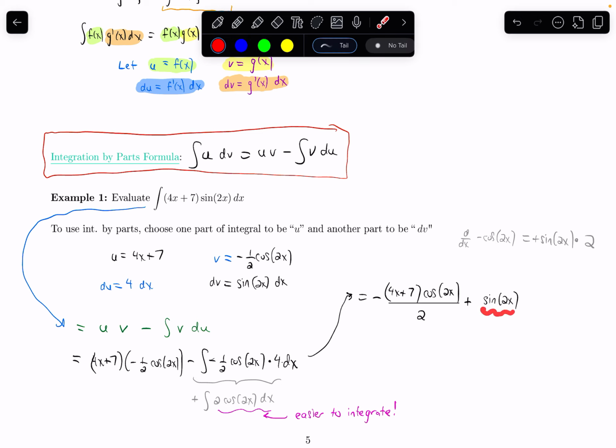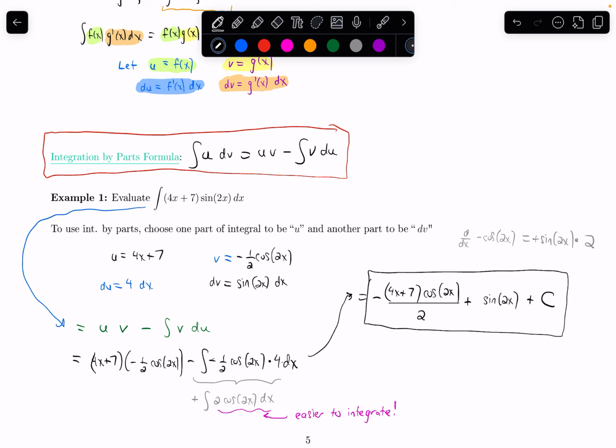Right? Because for the derivative of sine of 2x, I need the chain rule. The derivative of sine is cosine. So I get cosine 2x. But that gets multiplied by the derivative of the inside, which is 2. And that's exactly what I have here. Okay. Remember that I started off with an indefinite integral, so at the very end, I have to put a plus C. And that's it. I got my answer.